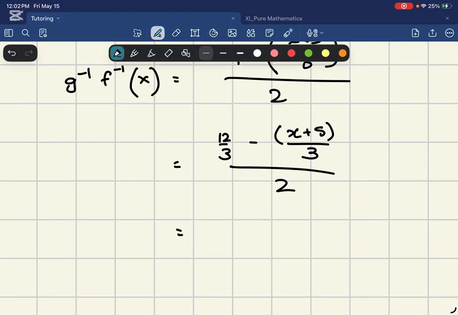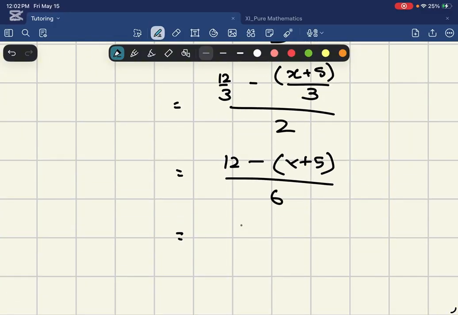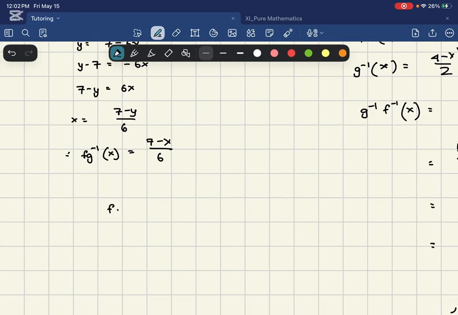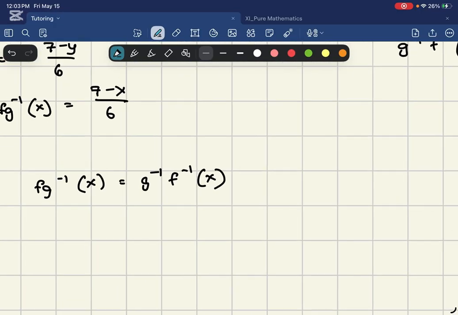And now if you do a bit of algebra, you'll see that this expression actually equals this. I have 12 minus x minus 5, so (7 - x)/6. And you will notice that (fg) inverse of x is equal to g inverse f inverse of x. So that is the observation, right?